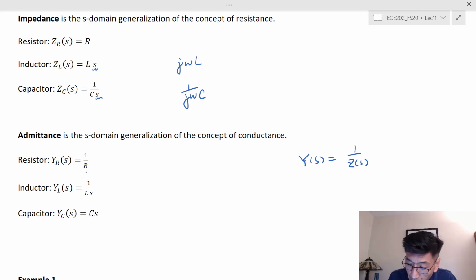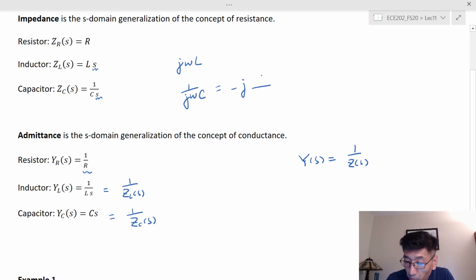So Y sub R for the resistance is just 1 over R, Y sub Ls is 1 over Z sub Ls, and Y sub Cs is 1 over Z sub Cs. That's the reason, as some of you asked, for the negative j over omega C: the impedance in the phasor domain for the capacitor is always imaginary and negative, because 1 over j is equal to negative j.